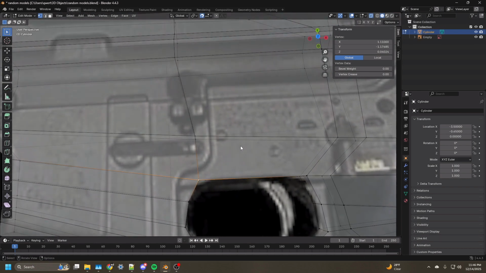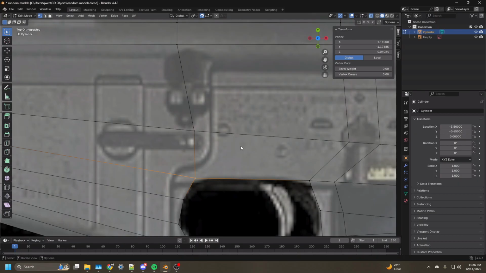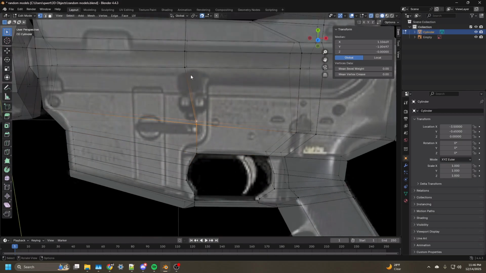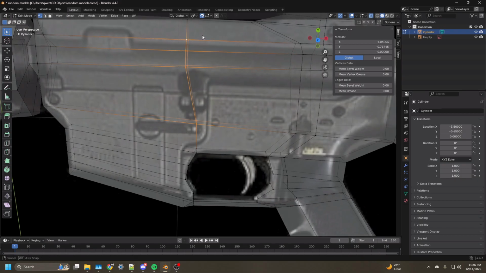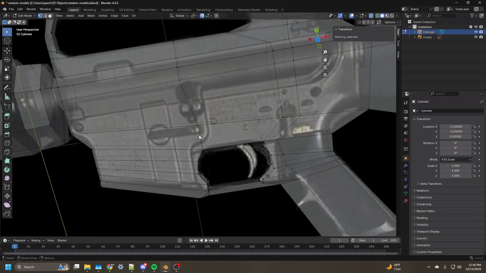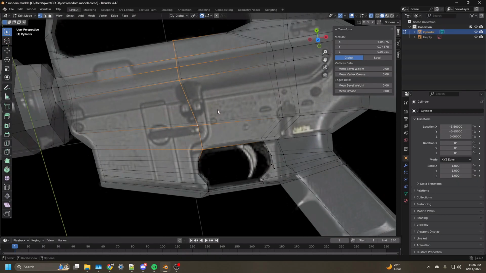Yeah, I could make it like that. Okay, so that's 1.01 on the X. So then I go and I hit this, this, this, this. Basically I guess I could hit the entire edge loop.